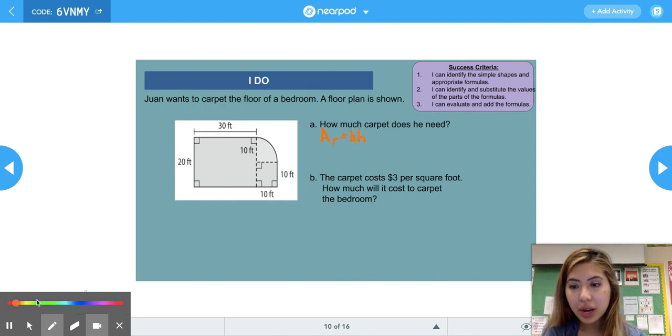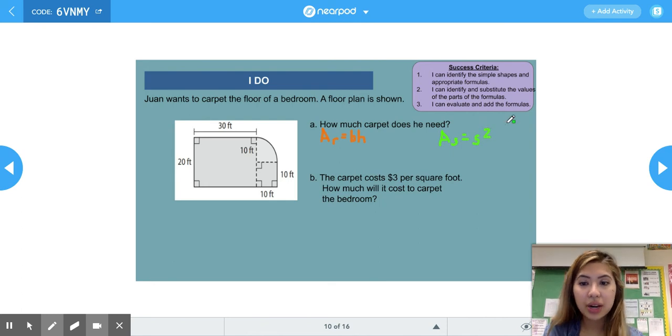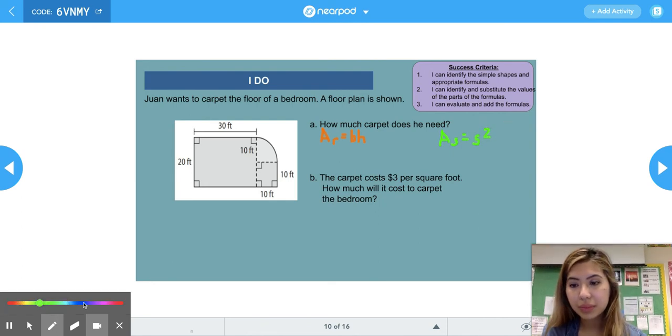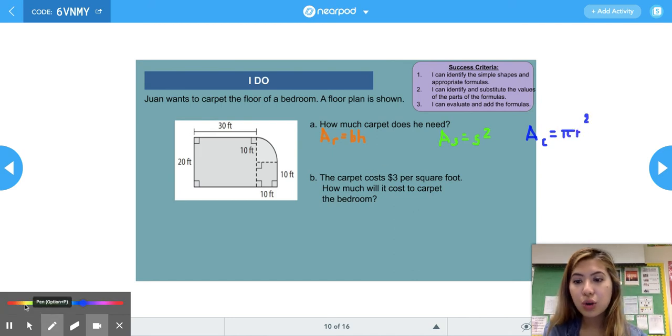Then area of a square is side times side, or side squared. Lastly, area of a circle is pi radius squared.